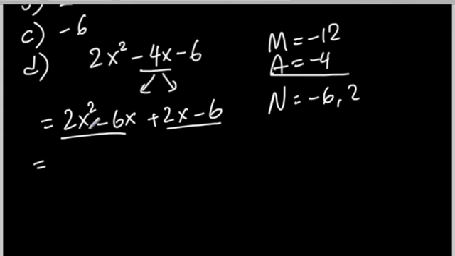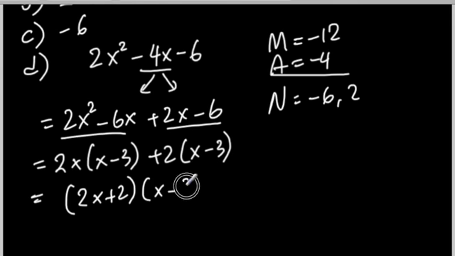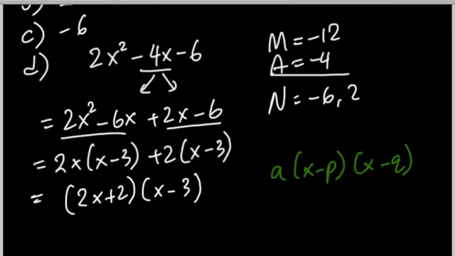So let's basically factor this out. So it's 2x times x minus 3 plus 2 times x minus 3, and this ends up being 2x plus 2 and x minus 3. Remember that our factored form is a times x minus p times x minus q, which means that the x's have to be positive and they just need a coefficient of 1.